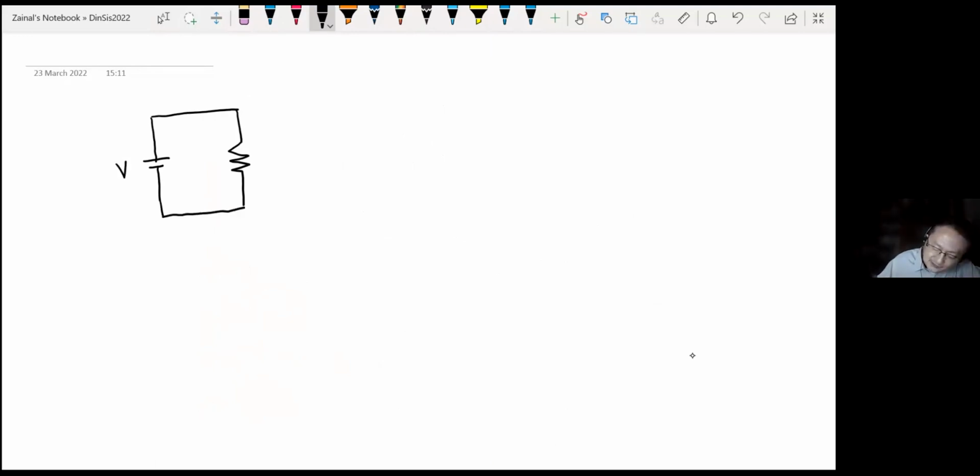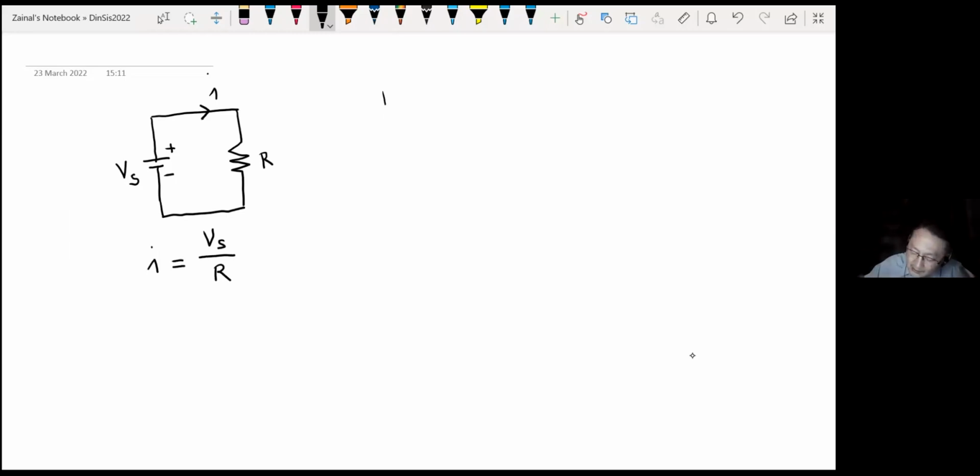If this one is V supply, DC, this one positive, this one negative, and you have R there, then you have current. The current is very simple. Current is equal to voltage divided by resistance.